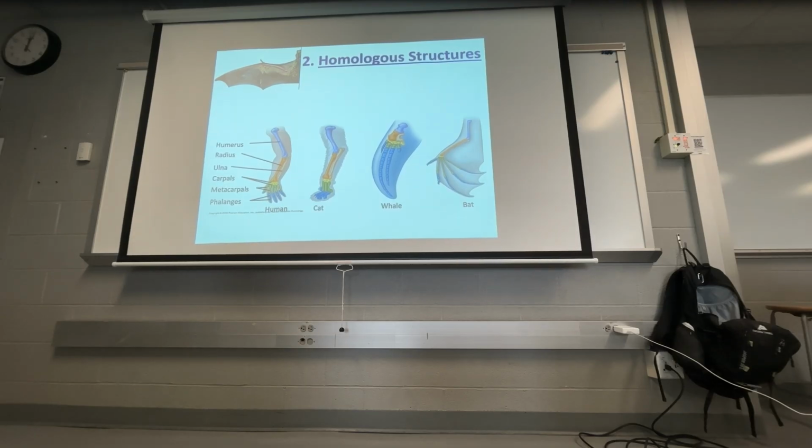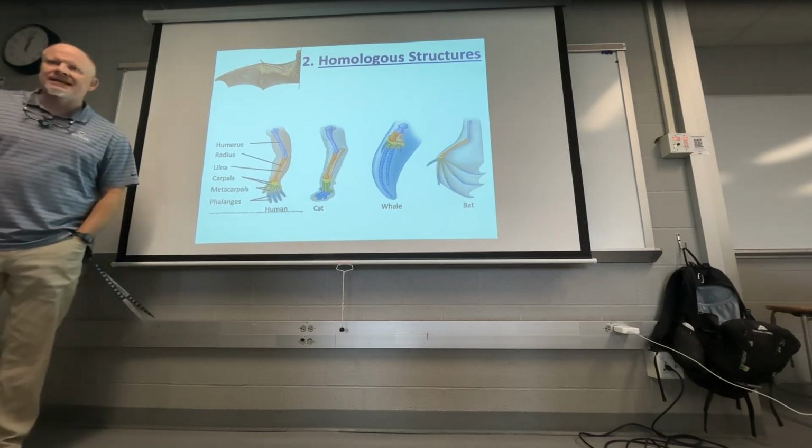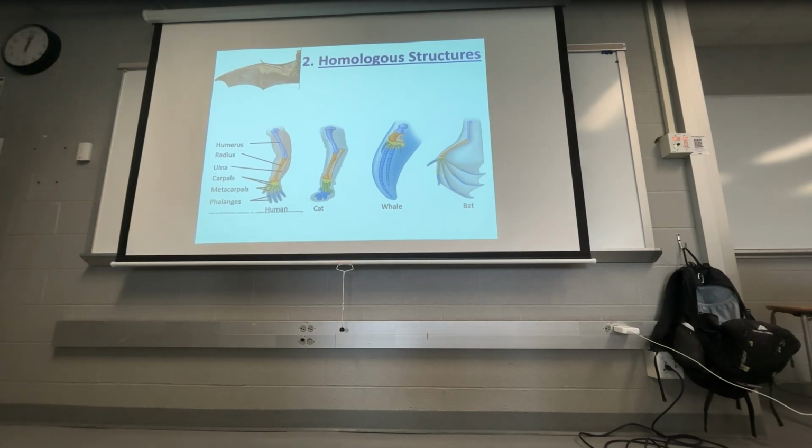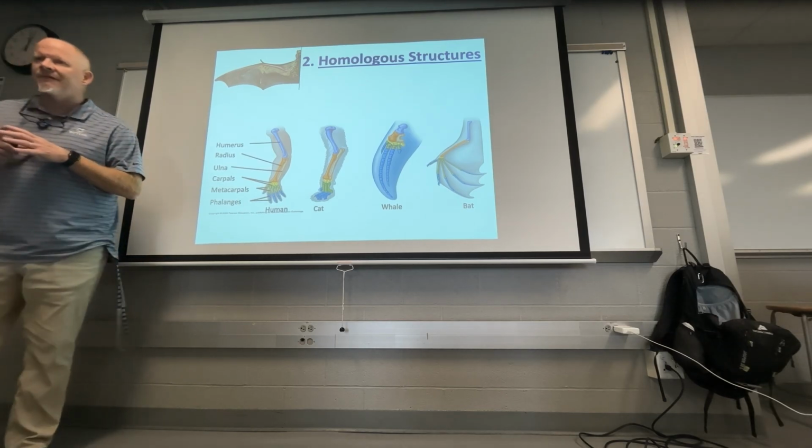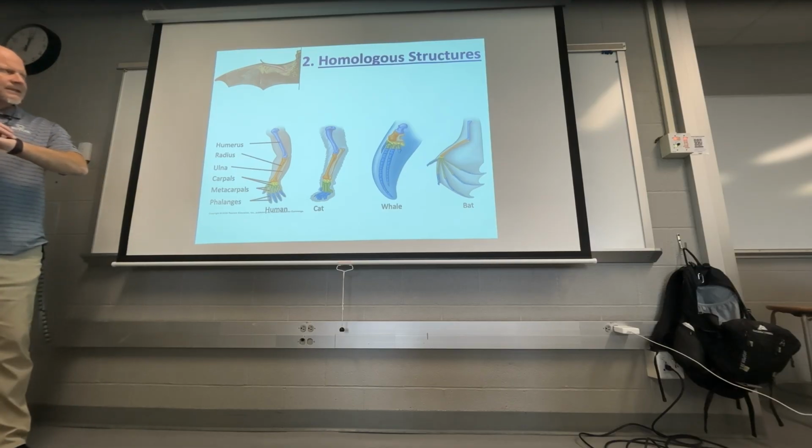So we're talking about evidence for evolution. There's tons of evidence. It's been tested in many different ways over many different levels of organization. And the first thing we talked about was fossils, right? We talked a lot about fossils yesterday.